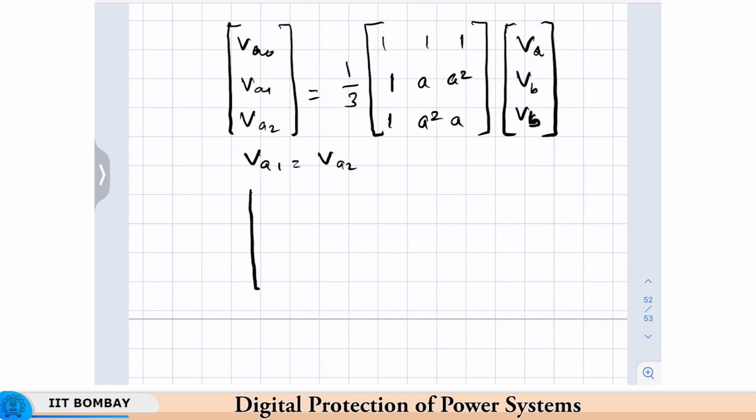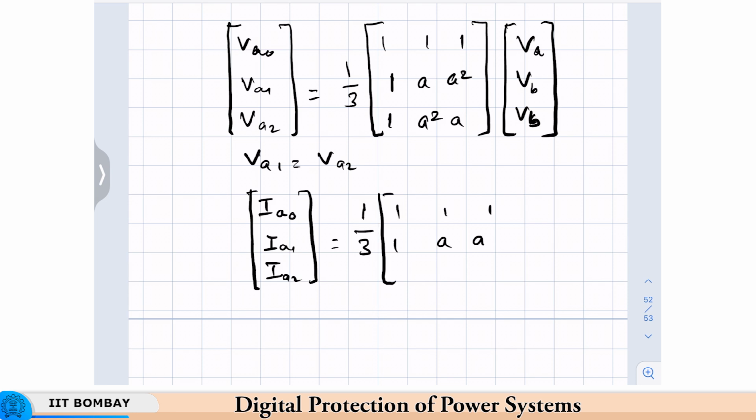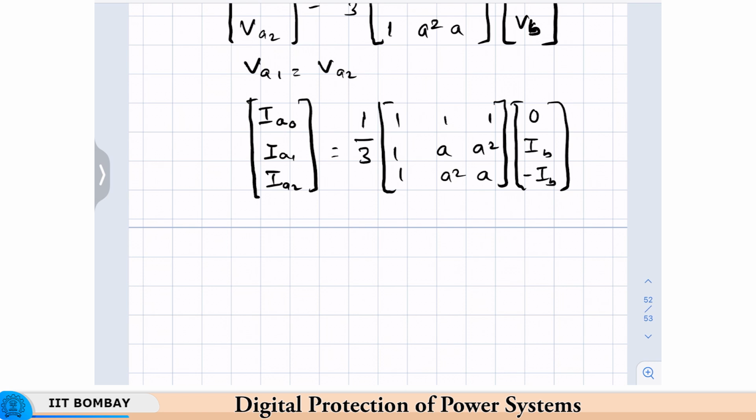Okay. For the currents, writing the same in the form of symmetrical components, IA is 0, and we can write IB and minus IB. So, what does this imply? That IA0 is equal to 0.